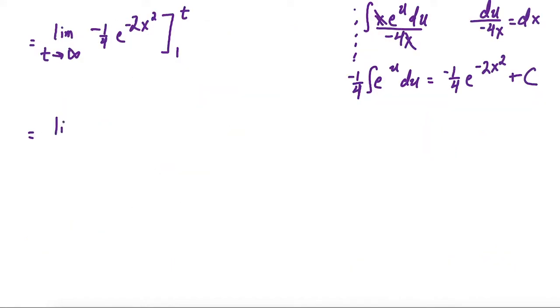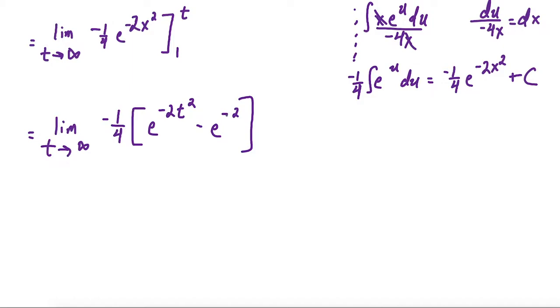This is the limit as t goes to infinity. And we've got negative 1/4 is our constant. And this is e to the negative 2t squared minus e to the negative second power when we substitute in 1. Okay, so all we did was just plug in the limits of integration here.